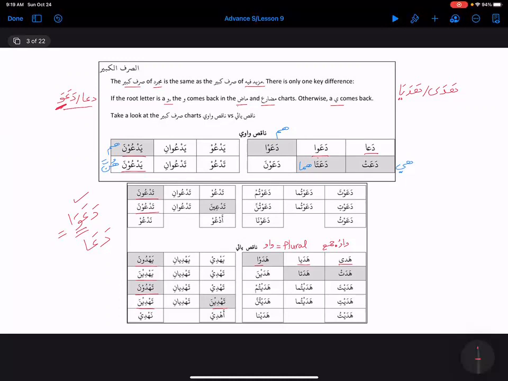Then da'a, we are going to call it naqis wawi. And since the middle root letter has fatha, right? Da'a. So that's why at hum it becomes da'aw. So da'a, da'awa, da'aw, and then da'at. What's going on over here? This waw is dropped, right?